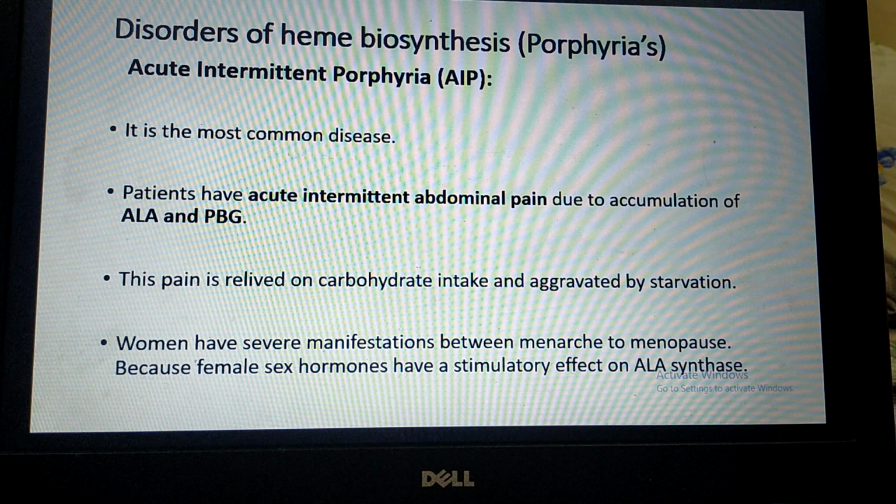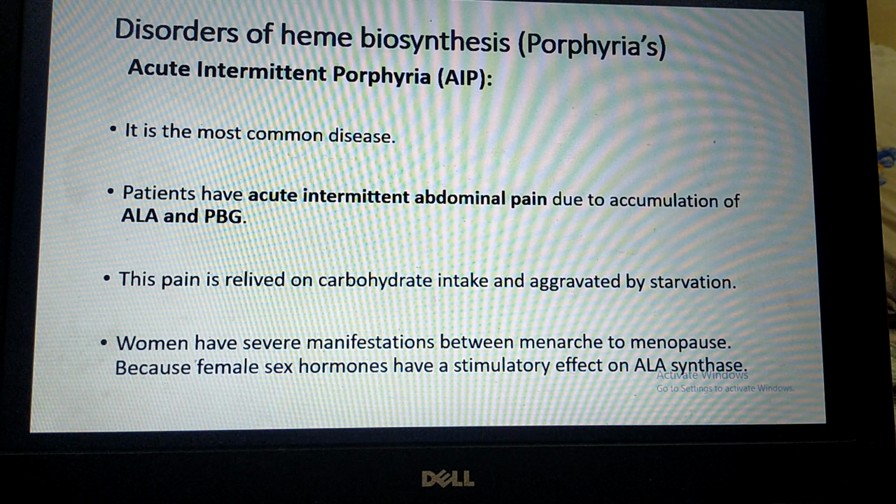One more point about acute intermittent porphyria is that women have severe manifestations between menarche and menopause in this type of porphyria. This is because female sex hormones like estrogen and progesterone have a stimulatory effect on ALA synthase.